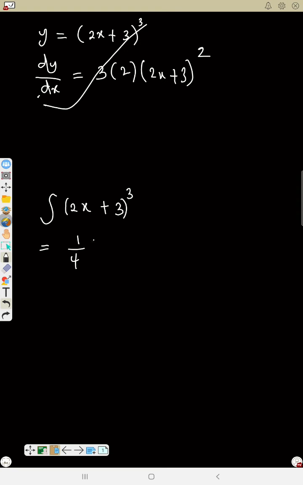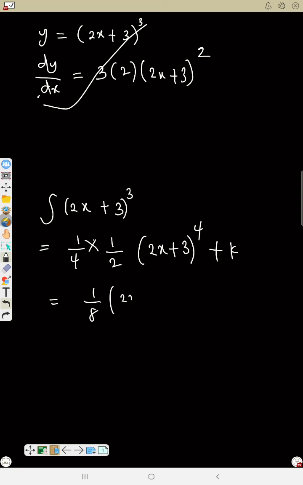So now, times, differentiate the bracket. You have 2. That will be 1 over 2. Rewrite everything in the brackets and add 1 to the power. That's the answer. So this can now be 1 over 8 bracket 2x plus 3 raised to power 4 plus k.